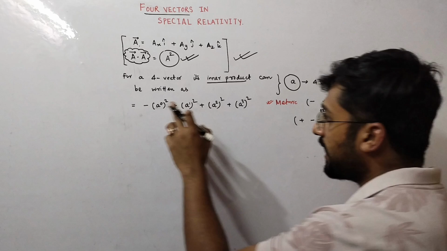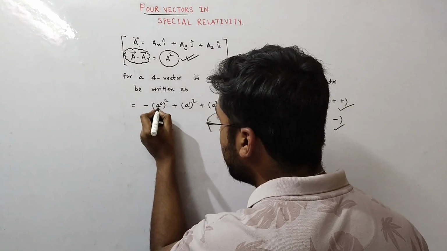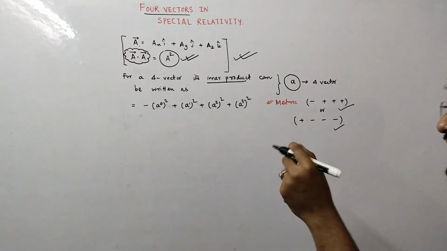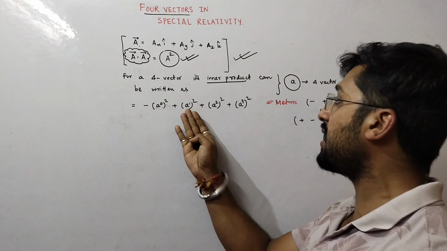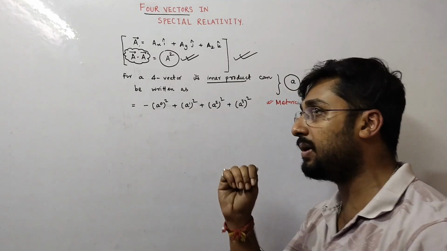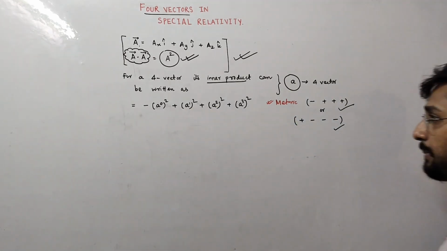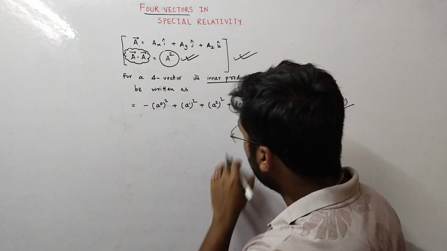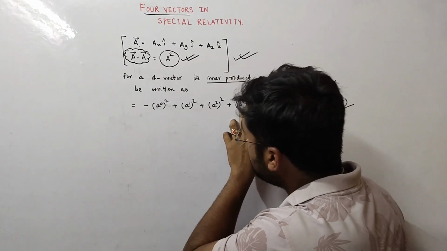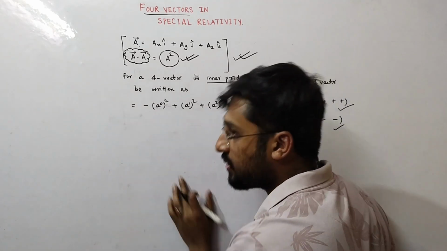Where this negative sign is usually, or this A naught usually belongs to the temporal component, and the rest three A1, A2, A3 belong to the spatial component. Am I clear? Okay. Now, how can I express this long equation in a very short notation?